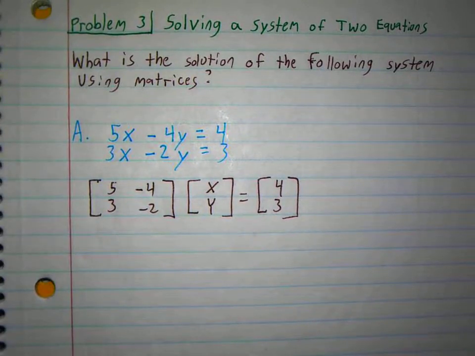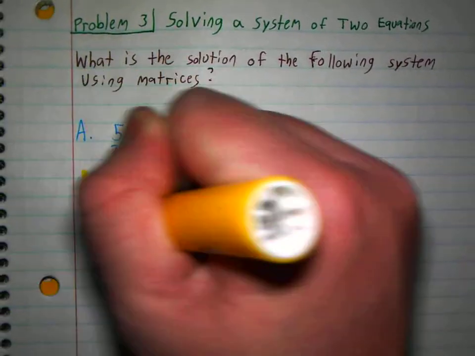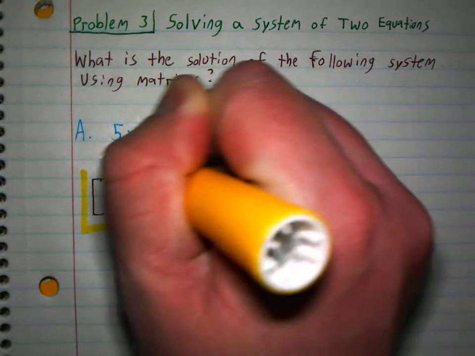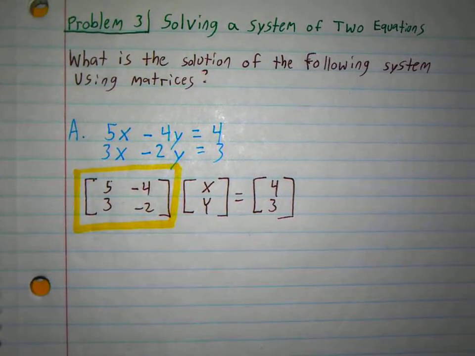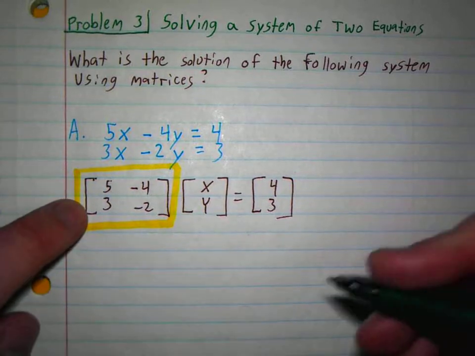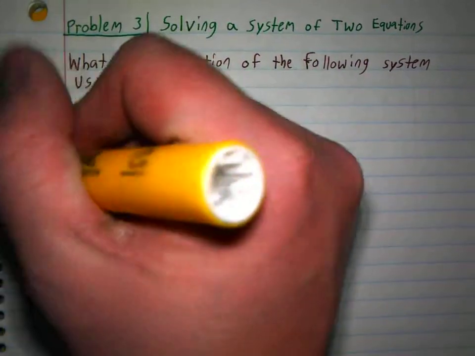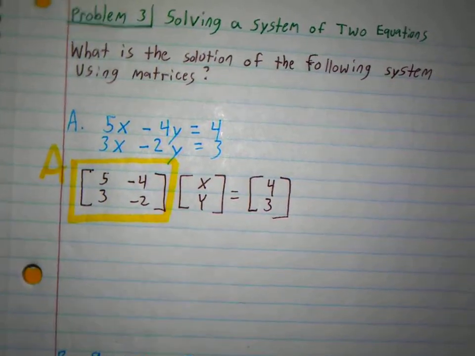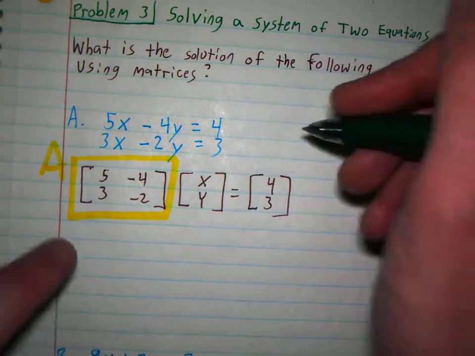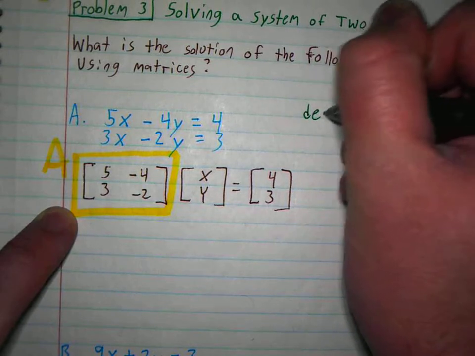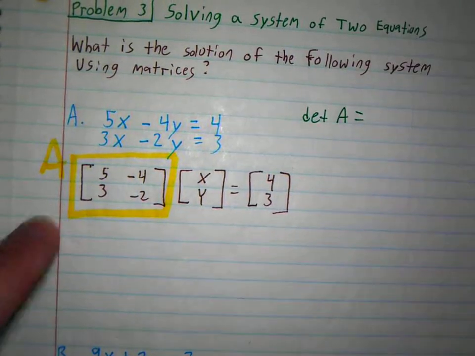So how do you find the inverse of this? Do you remember? First, we need to determine if it has an inverse, right? And so what is the determinant? Let's let this be matrix A. So what is the determinant of A? You remember?